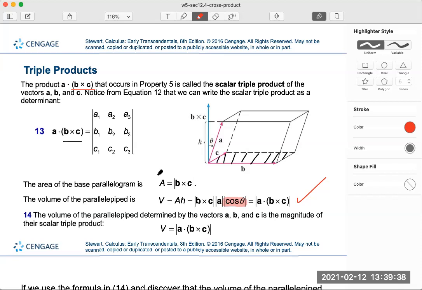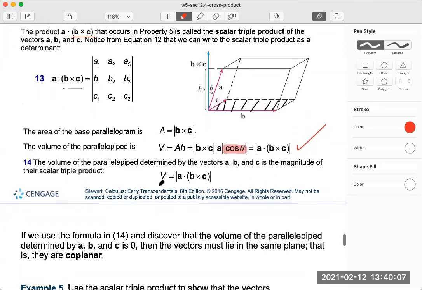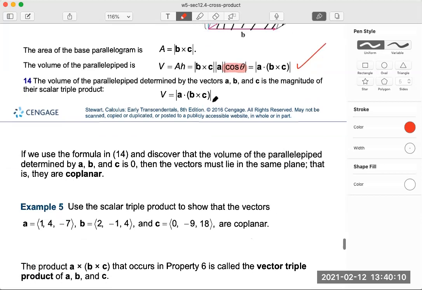But somehow, it's direction sensitive. So if the angle theta is larger than pi over 2, smaller than pi, right? In that case, cosine will be a negative number. That is why we need an absolute sign here to avoid the negative things here. And in short, the volume of this will be the magnitude of this guy.